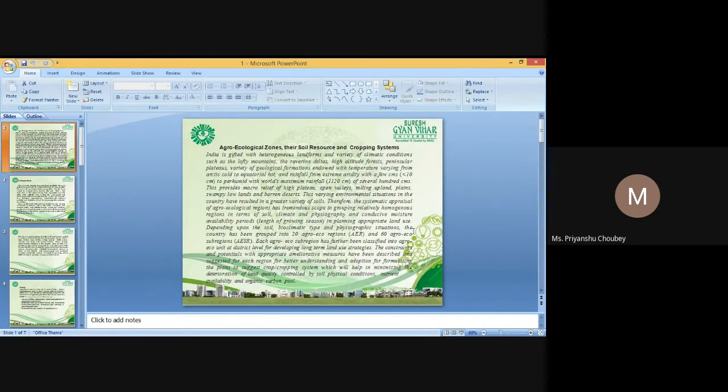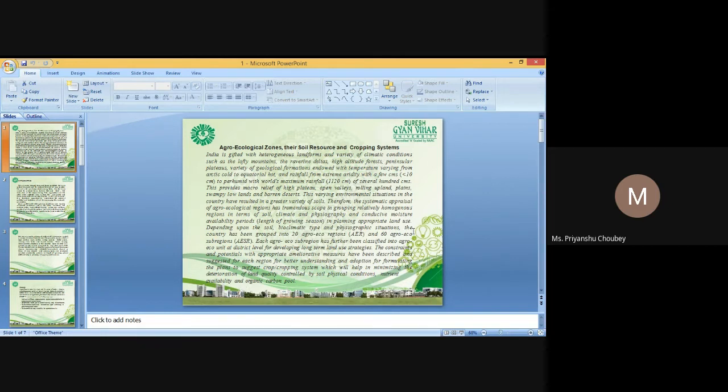This provides some macro relief of high plateaus, open valleys, rolling uplands, plains, swampy lowlands and the barren desert. These varying environmental situations in the country have resulted in greater variety of soils.